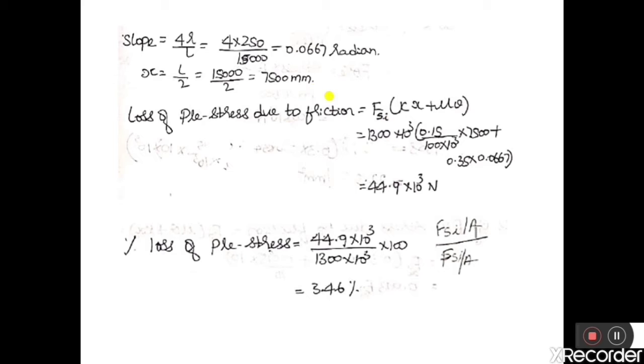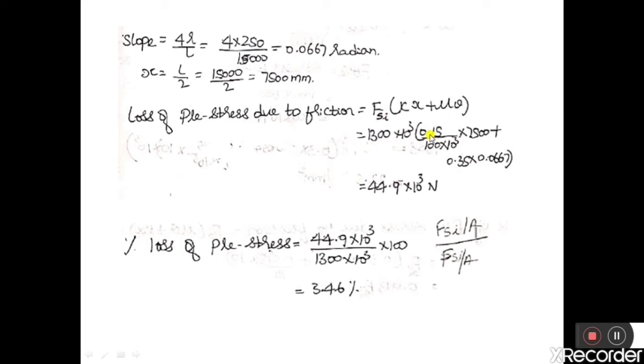The initial prestressing force is 1300 kilonewton. So here 1300 kilonewton divided by A. There is a mistake there. It should be 1300 into 10 to the power of 3 Newton by A.